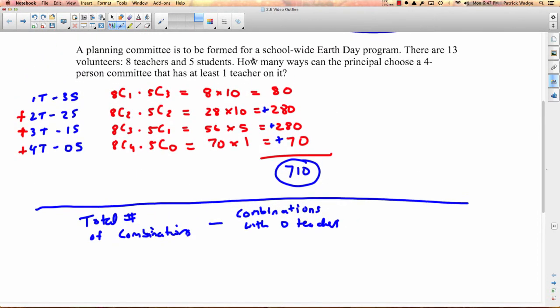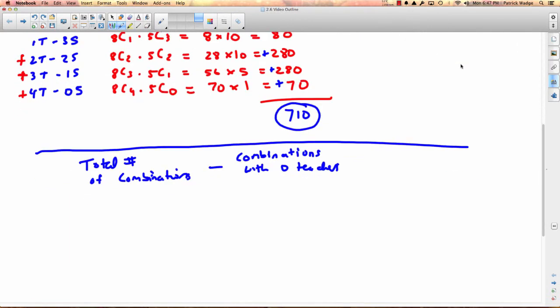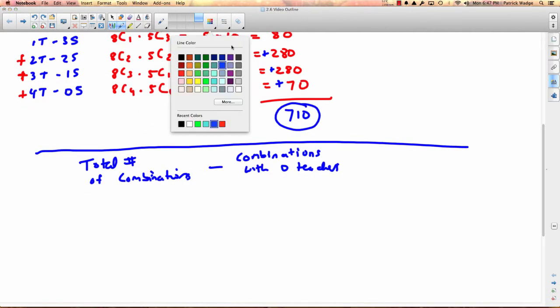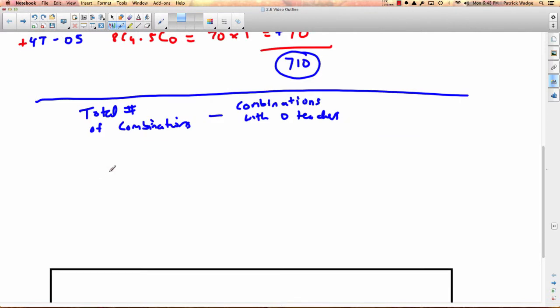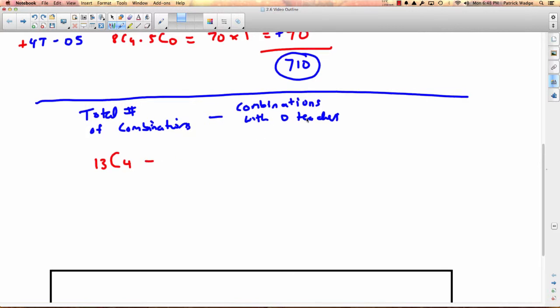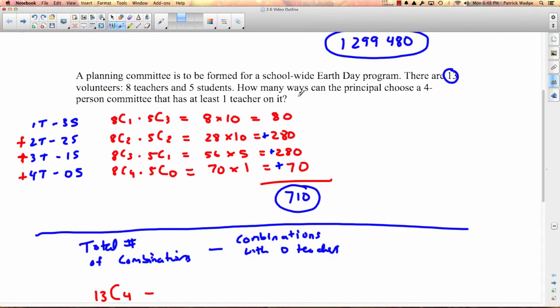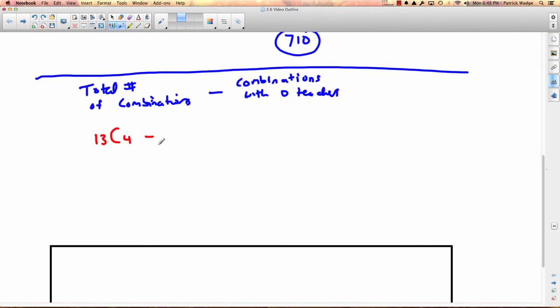The total number of combinations. If you consider all the volunteers, there's 13 volunteers, and you want to have a 4-person committee. So of the 13, there's no restriction whatsoever. So of the 13, you want to choose 4. Minus combinations with 0 teachers. Remember there was 8 teachers, and how many of the teachers do you want to choose? 0.